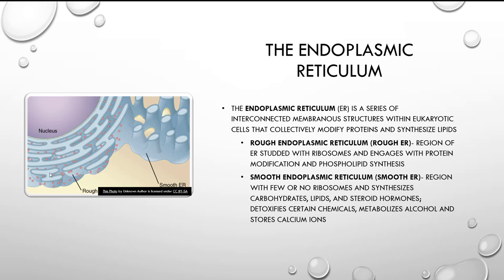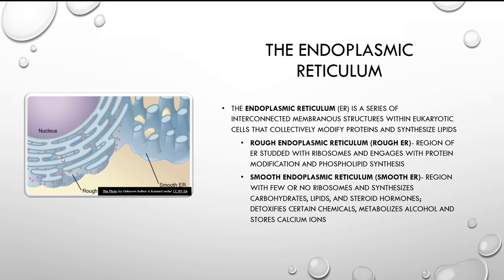And so the first area of our factory floor is called the rough endoplasmic reticulum, otherwise known as the rough ER. Okay, and the reason why it's called the rough ER is because there are these little dots on it, which are ribosomes. And what do ribosomes do?